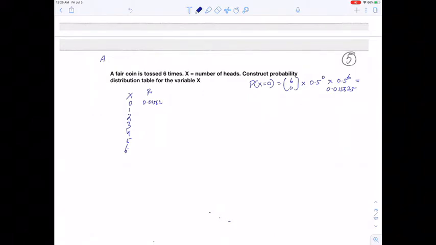Similarly, find it for 1 success. 6 choose 1 times 0.5 power 1 times 0.5 power 6 minus 1, that is 5, is equal to 0.09375.